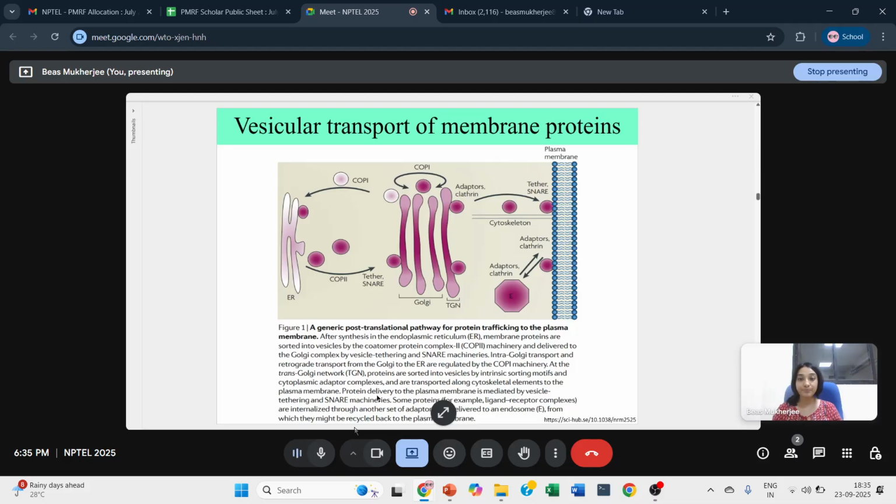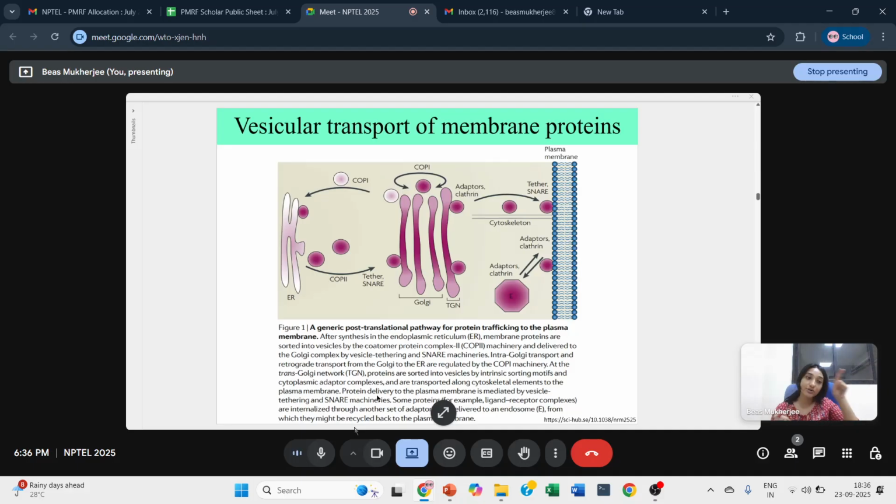Okay, so see, a generic post-translational pathway for protein trafficking to the plasma membrane. After synthesis in the endoplasmic reticulum, membrane proteins are sorted into vesicles by the coatomer protein complex 2, which is your COP2. Okay, machinery delivered to the Golgi by vesicle tethering and SNARE machineries. Now, intra-Golgi transport and retrograde transport from Golgi to ER.